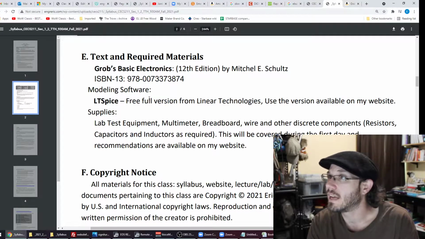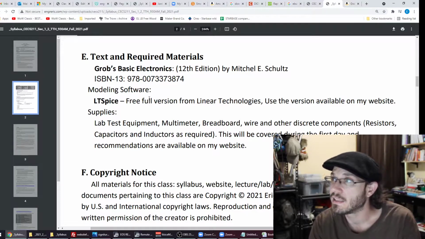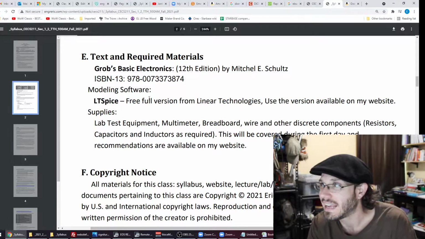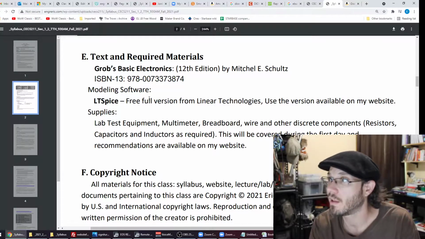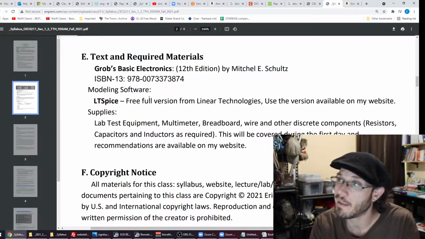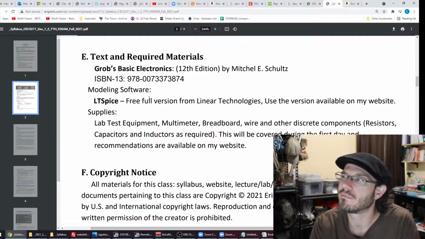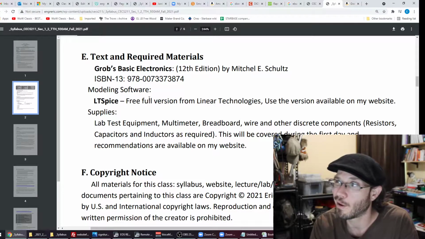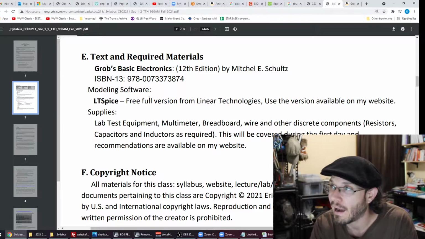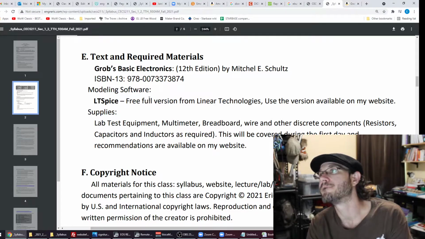And Linear Technologies made LT-Spice. It's built off of an engine called Spice that was developed at Berkeley for doing circuit modeling, and they kind of packaged it. Now, when you see LT-Spice, it looks like it's pretty bare bones, but it is very powerful, believe me. Now, you can get that for free.